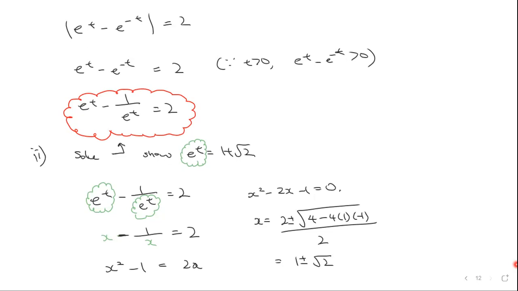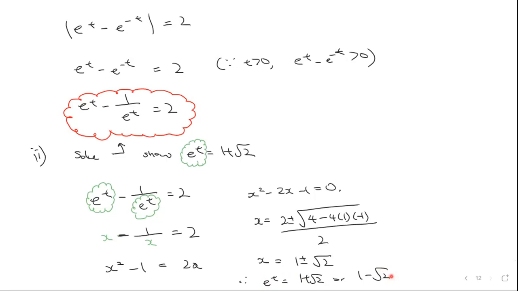The thing you now need to worry about is what x actually was. X was e to the t. We've got two options: it could either be 1 plus root 2 or 1 minus root 2. But e to the t is an exponential, and you know an exponential is always positive.